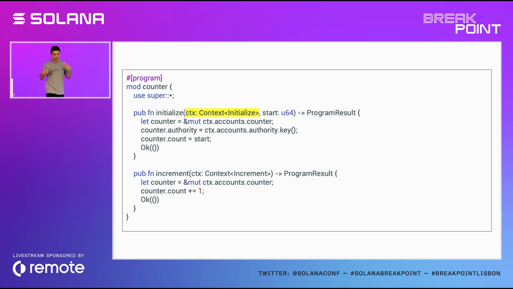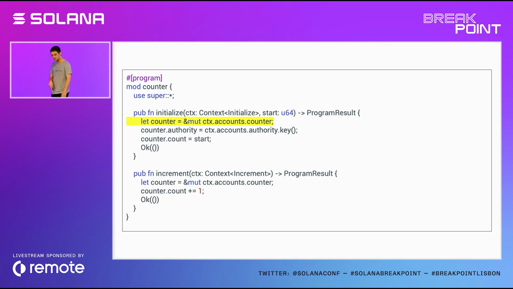It's zero initialized. And the rent exemption SOL has already been paid for. And the subsequent parameters are just instruction data. So these are just parameters that we pass in from the client. And yeah, let's enter the function body. So the first line here is we have a mutable reference to the counter.